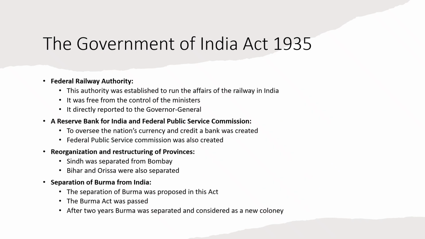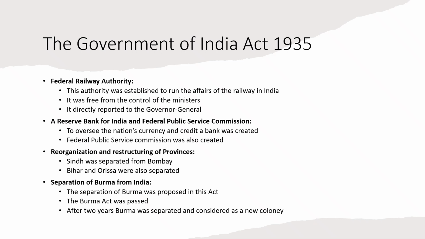The Federal Railway Authority was established to run the affairs of the railway in India. It was free from the control of ministers at the central or provincial level, and it directly reported to the Governor General. So the Federal Railway Authority also comes under the authority of the Governor General.